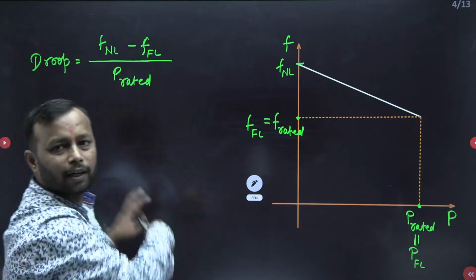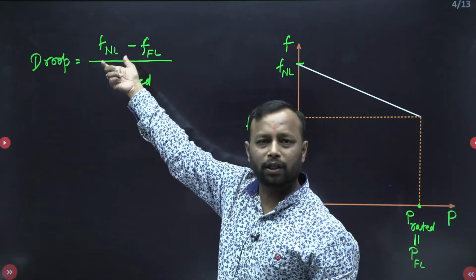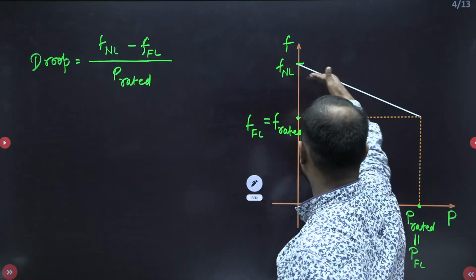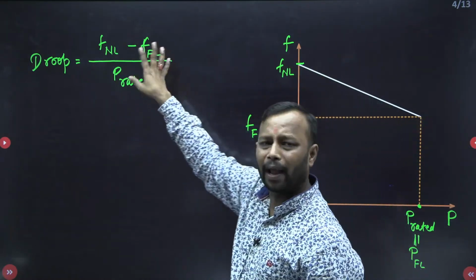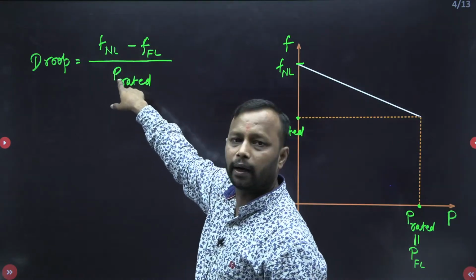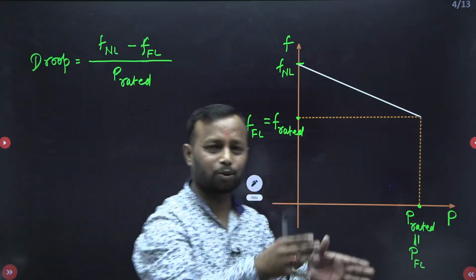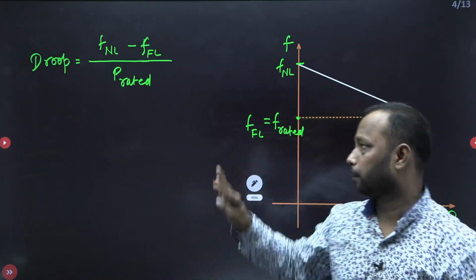Here I have considered a magnitude. Please do not think that you are going to get a positive value, so how can it be a down slope? Here I have taken the magnitude, but actually this is minus of P rated. Just to write an expression, I have taken it as a magnitude, okay?